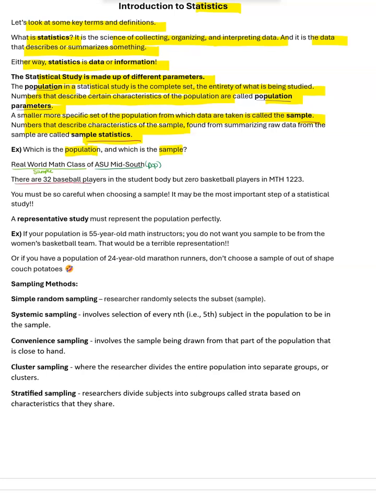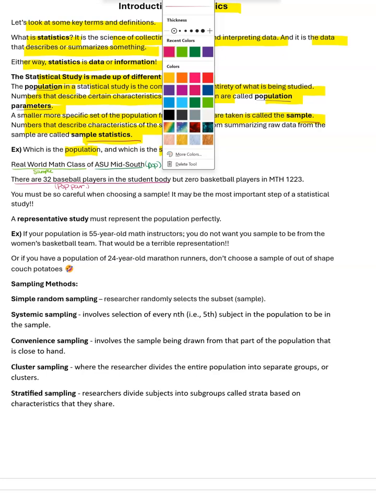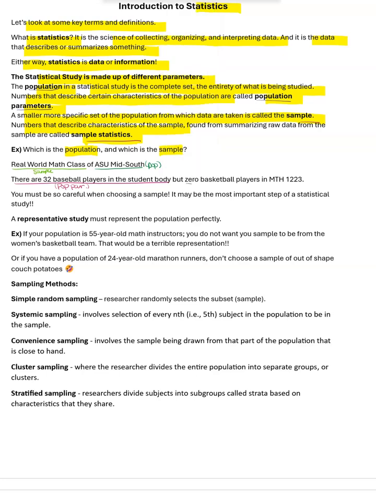So the 32 would be our population parameters. And then 0 basketball players in our class, so this would be the sample stats. Ooh, that's not how you spell stats, in case you're wondering. That's more like it.